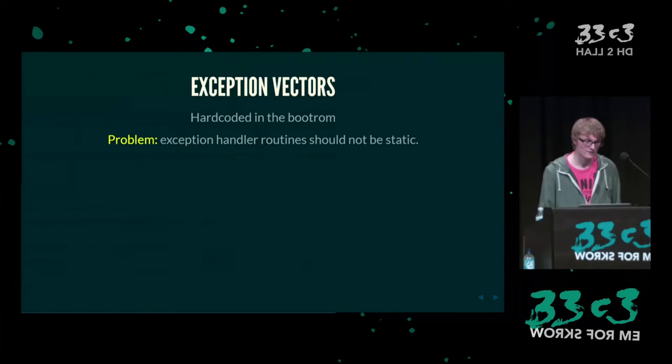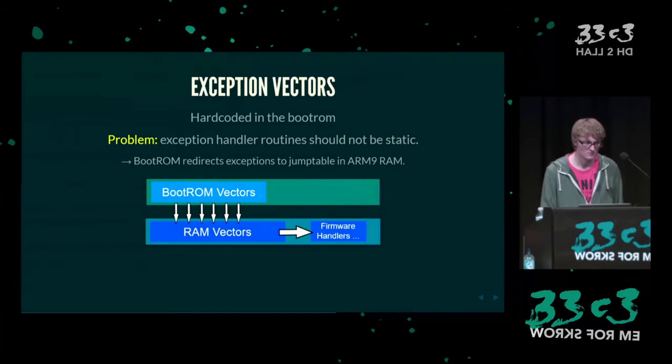So what they do is redirect all the exception execution flow from boot ROM to another jump table located in ARM9 memory. It looks like this. The boot ROM vectors are basically just a jump instruction to the RAM vectors, and the RAM vectors are also just another jump instruction to the actual firmware handler.